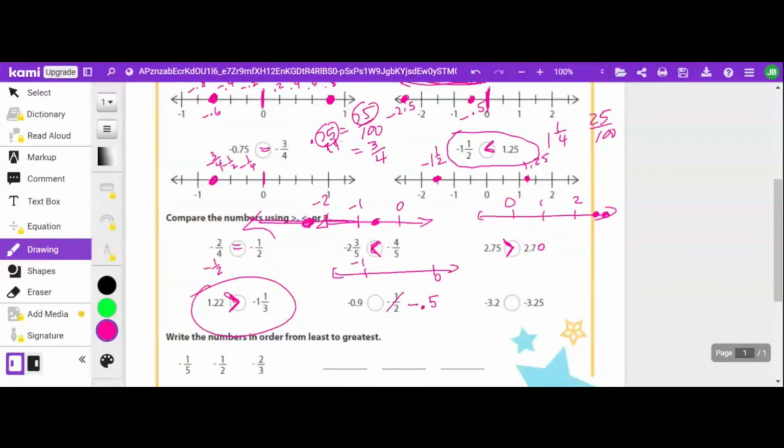Okay. Yes. Negative 0.9 is close to negative 1, but negative 0.5 is in the middle. And so negative 0.9 is smaller because it's further left, which means negative 0.5 is bigger.